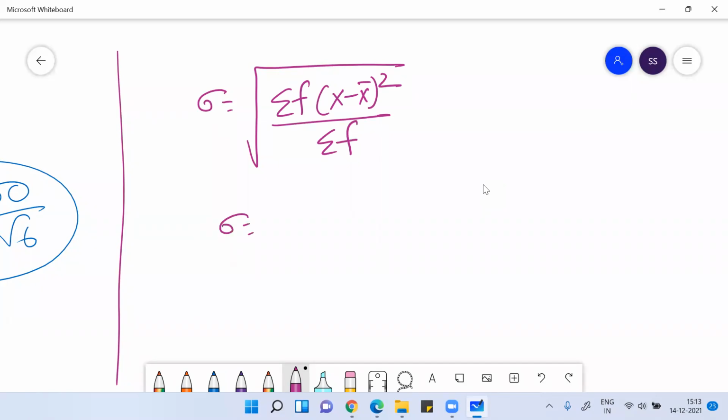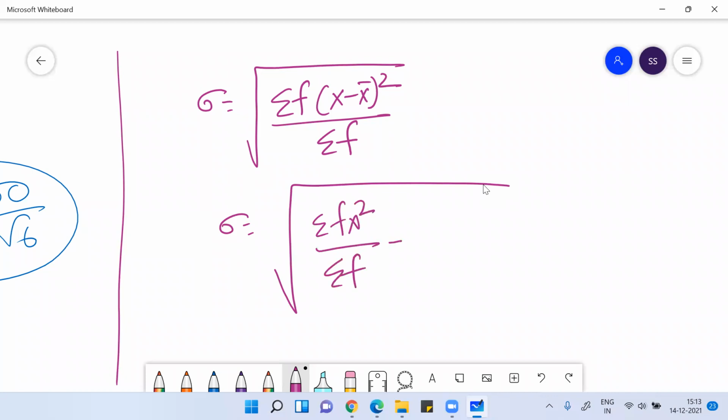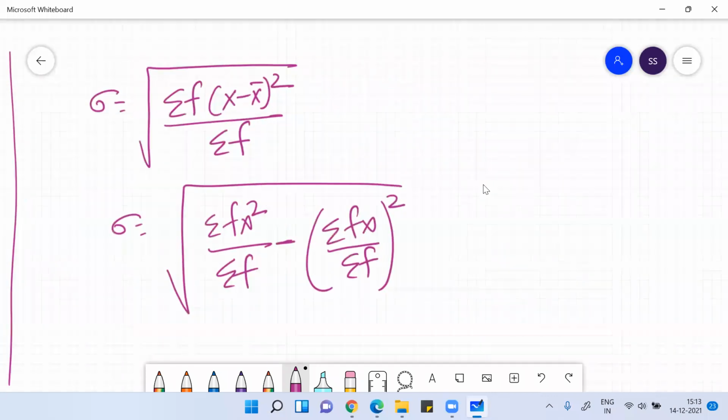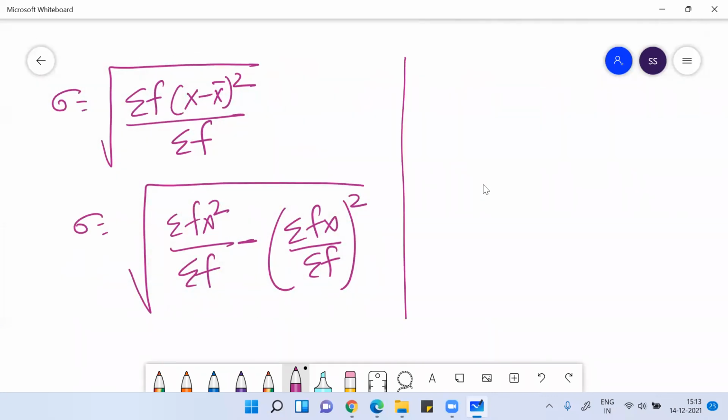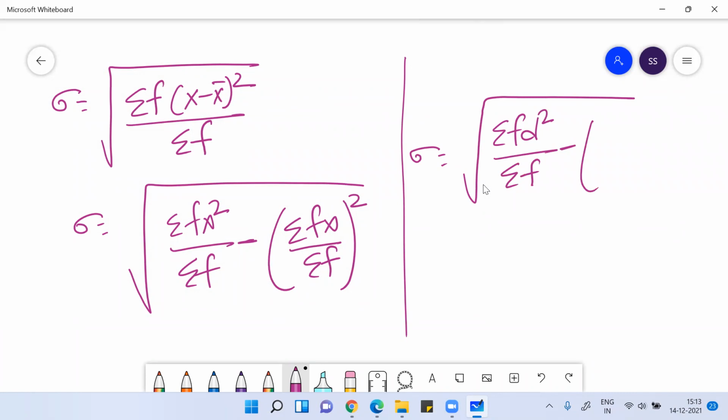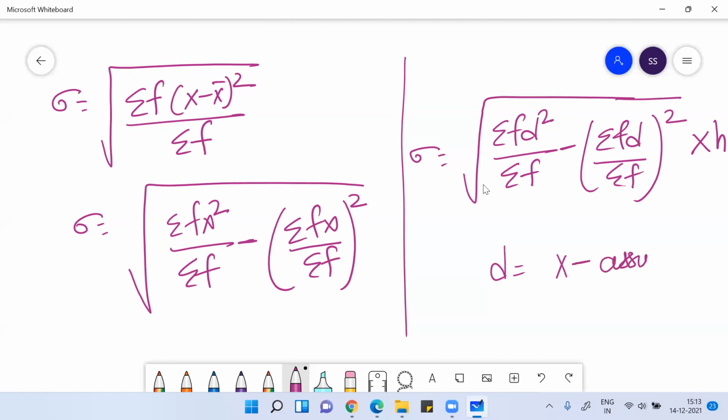Or the formula is the square root of sum of fx square by sum of f minus sum of fx by sum of f whole square. This is the formula of standard deviation. If I give you class interval with frequency, another formula is the square root of sum of fd square by sum of f minus sum of fd by sum of f whole square, into h outside, if you follow step deviation, where d is equal to x minus A by h.